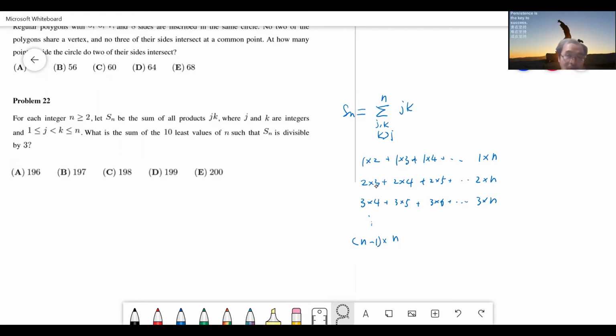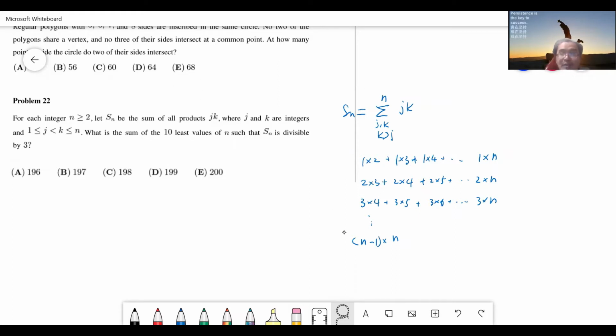k equal to 3, right? And also we can have k equal to 4, 2 times 4, then 2 times 5, all the way to 2 times n. So continuing, j equal to 3, we can do times 4, then all the way to n. Of course, the last one is going to be n minus 1 times n.